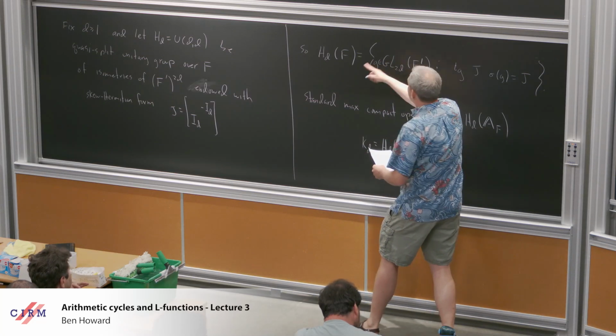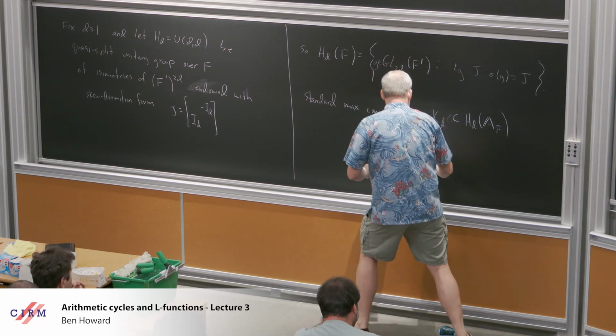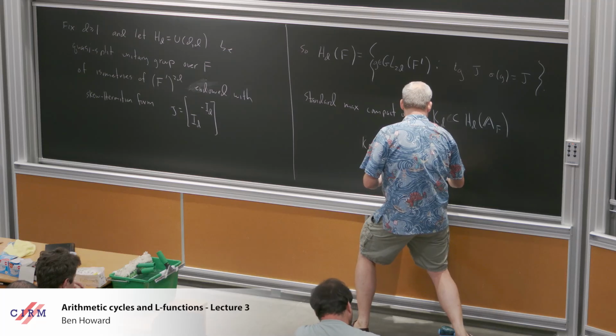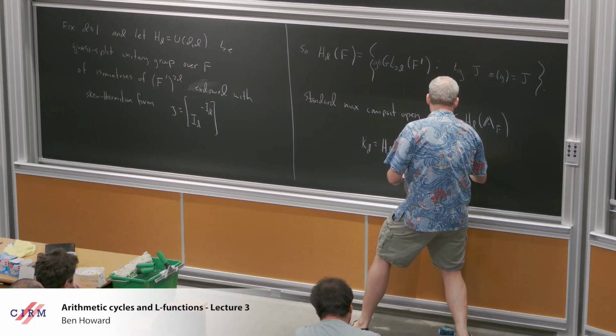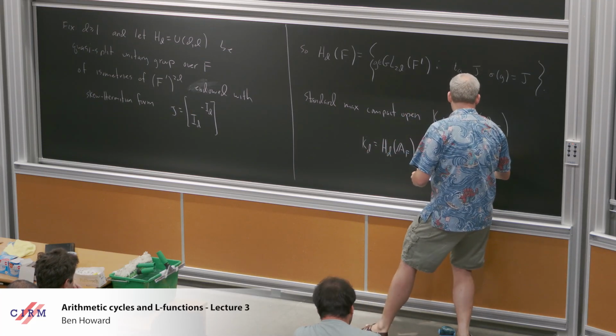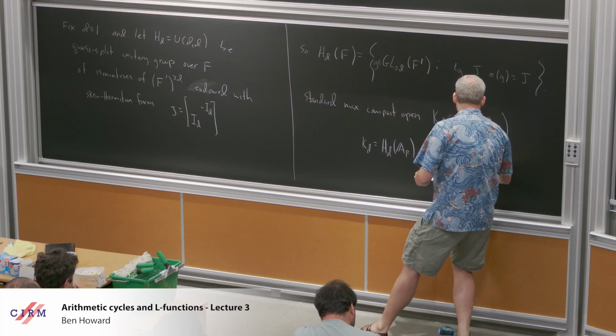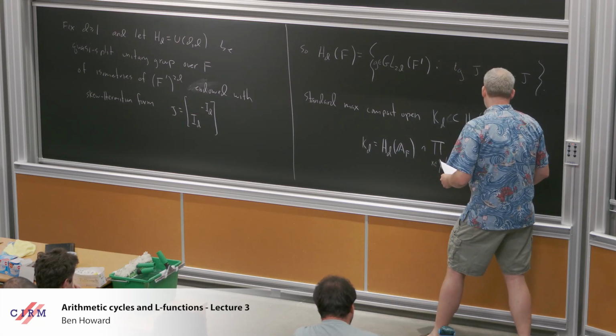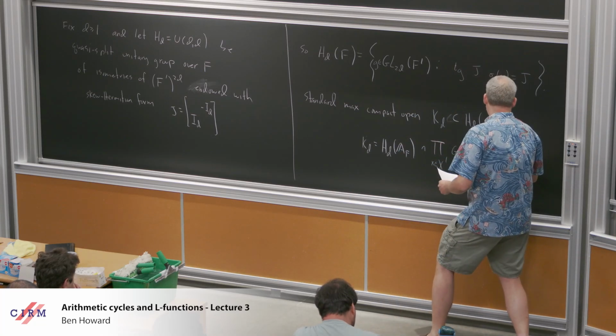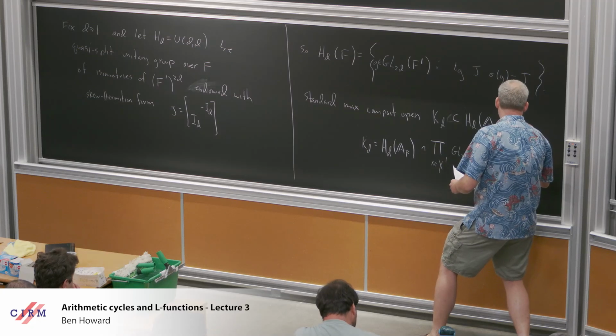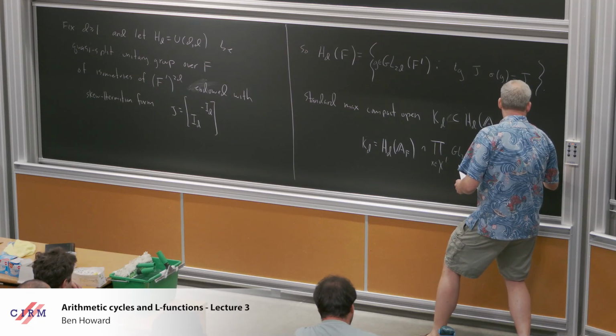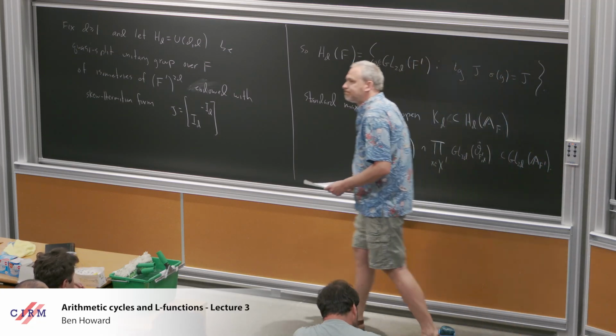You just demand that the entries be everywhere locally integral: GL_2D of O_{F'} completed at x', for all x'. Okay.